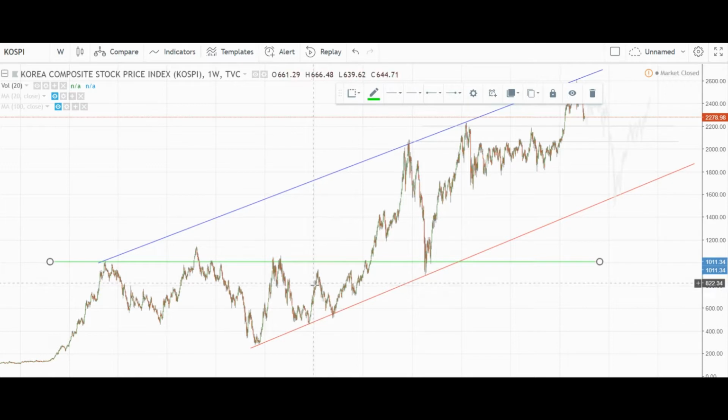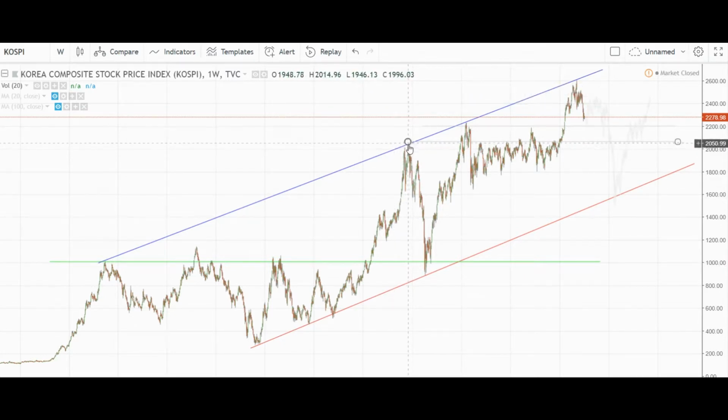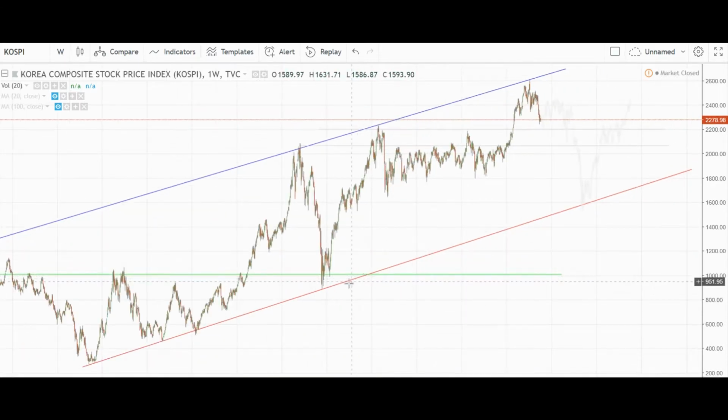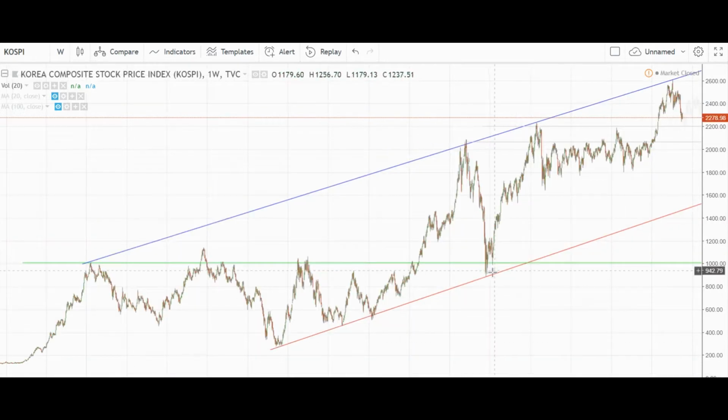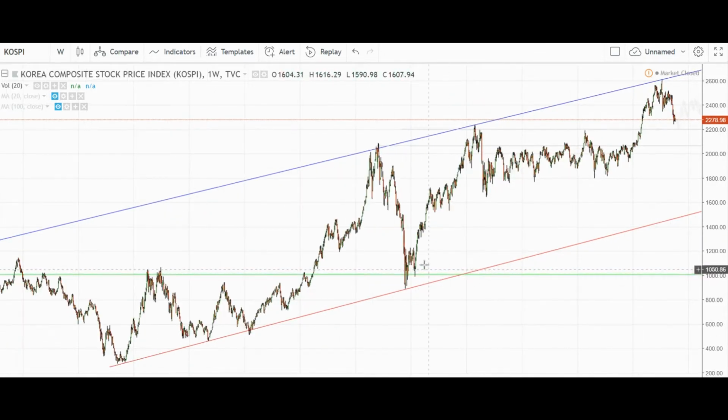And after we broke this hard resistance, we went all the way up to the blue resistance line here. And then we went down. We pulled back, and we couldn't get support in this area, but we had a red line here, so it held as a support. After that, this acted as a very strong support, and it bounced off.